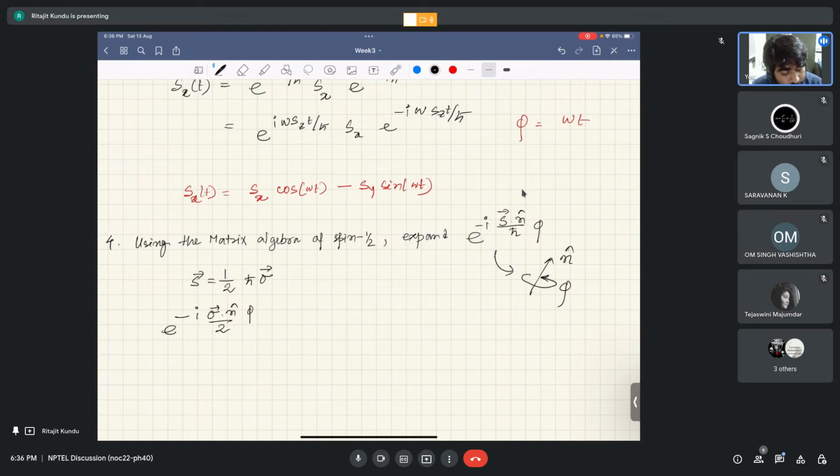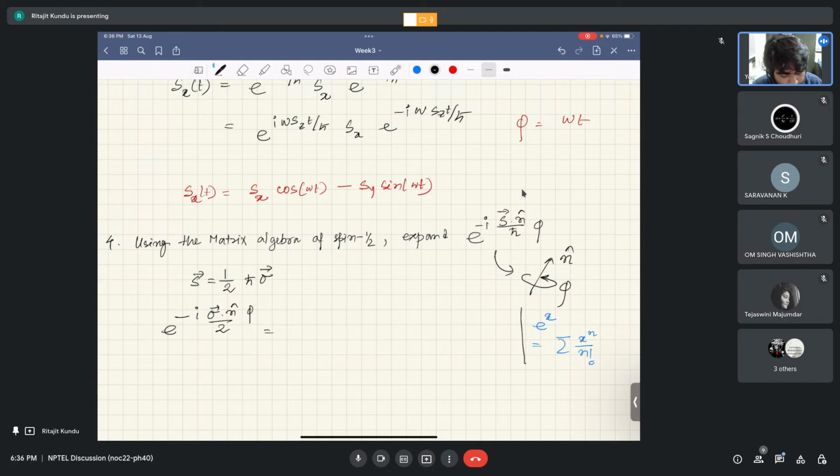Now you know how to expand the exponential e to the power x. It has a Taylor series given by x to the power n by n factorial. For matrices it means the same.